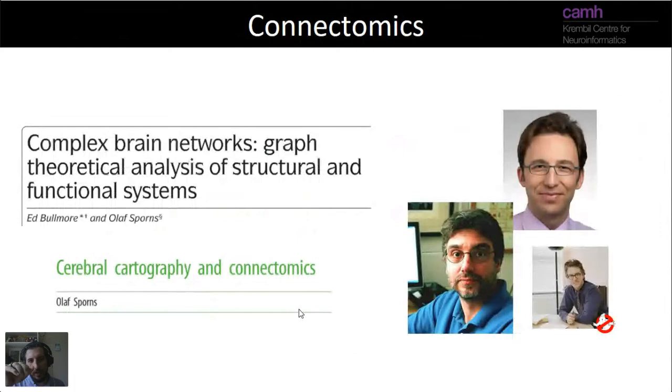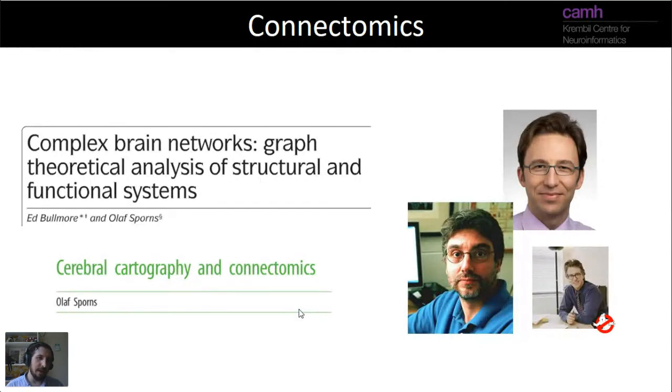So one of the key ideas that's been driving this line of research forward is the idea of the connectome. This term, the connectome, is an analogy, possibly a loose analogy, with the genome.